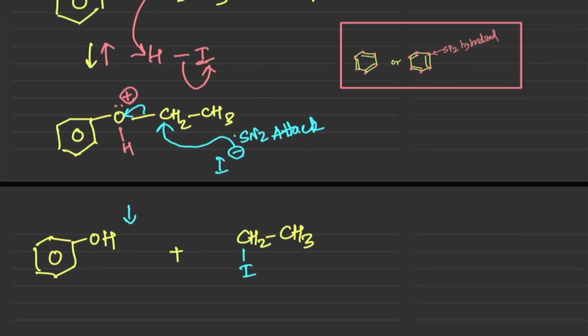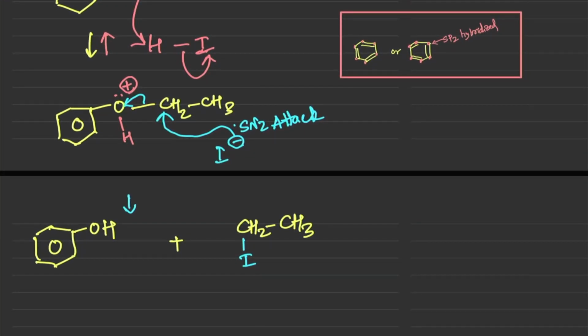This is an SN2 attack, but this SN2 attack is not going to be possible on this particular carbon atom. You cannot attack here. So here is why. Remember what kind of hybridization we have on this carbon atom.